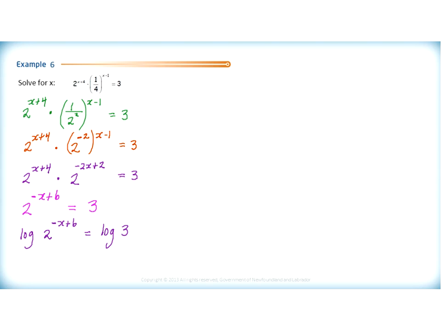And now we can use our power law of logarithms to complete the solution. We could take the exponent of negative x plus 6 and move it in front of the log of 2 to equal the log of 3. And now we're going to divide both sides of this equation by the log of 2.